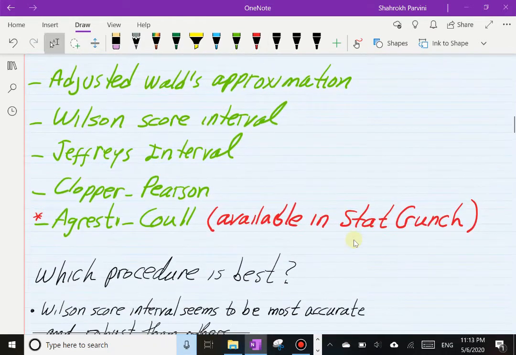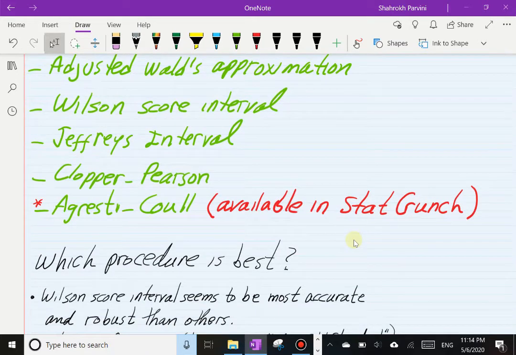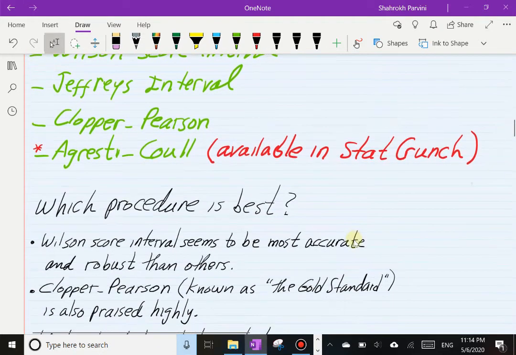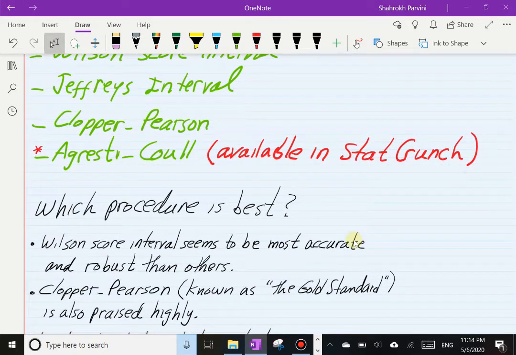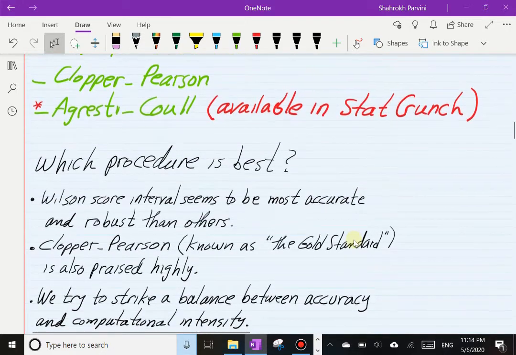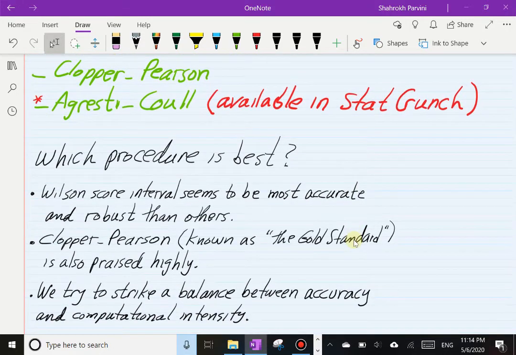So which procedure is the best? It turns out that Wilson is the most accurate and robust of all the other ones, but there's also one that's commonly called the gold standard. Clopper-Pearson also is sought out quite a bit. So why don't we use these better methods?